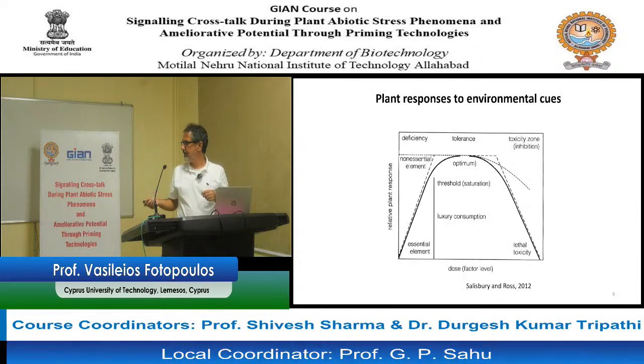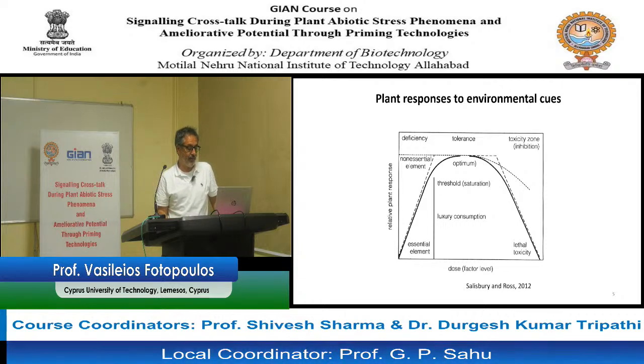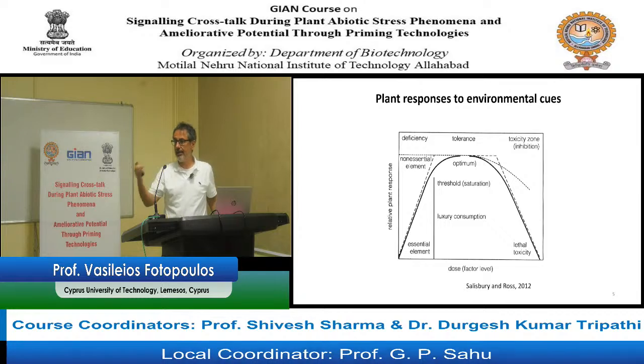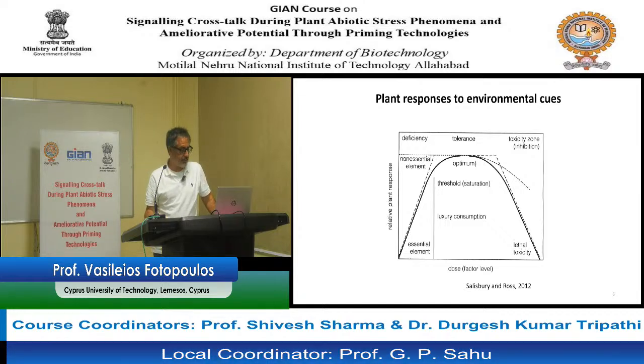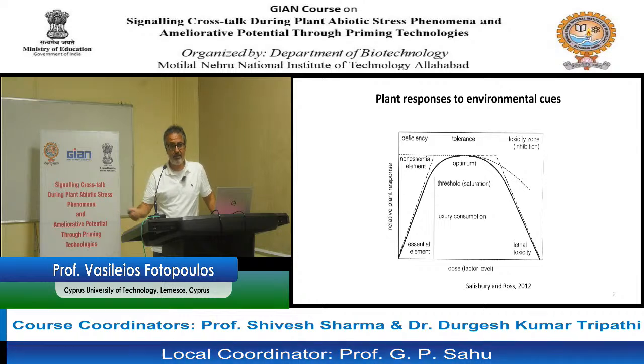Perfect. Good. So this is a basic standard representation across the factors of relative plant response and the dose, representing the factor level. If you consider nutrition elements, for example, in lower doses, this represents the essential factoring of this element.